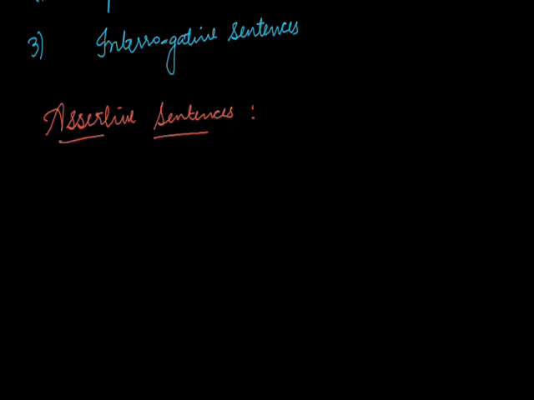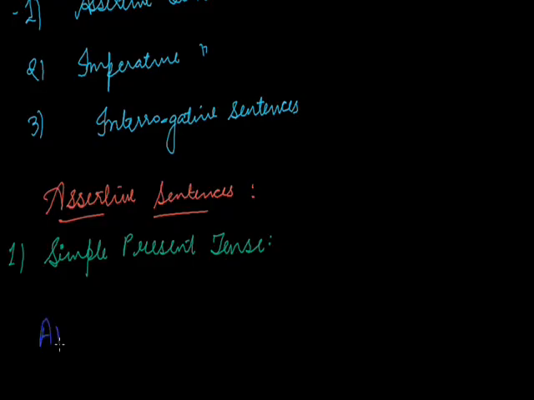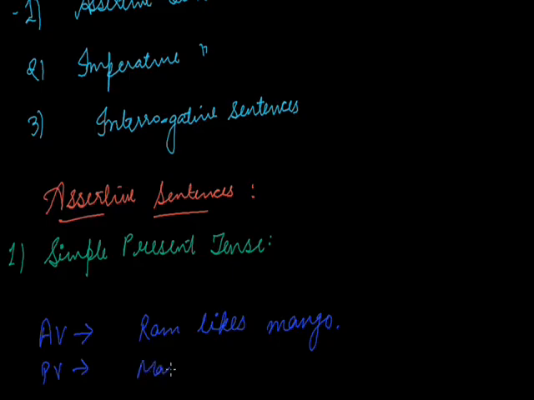Let's discuss a few of the cases, starting with simple present tense. Let's have an example of it. Suppose in your active voice, it's given Ram likes mango. Now, its passive voice can be made as mango is liked by Ram.